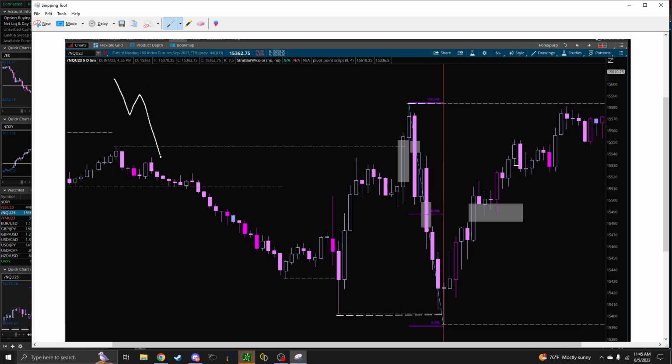So if we're coming from here, and we got to get, say, this fair value gap here, and we're down here at A, and we're trying to get to C, we have to do some kind of bullish maneuver to get there. Right? You can't be bearish and go up. Bearish means you go down.